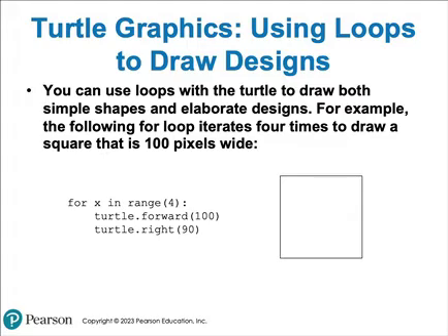Then relatively, we would use set heading to give an absolute direction, but here the right function is saying turn 90 degrees to the right, and then it will go forward 100, which is the line down on the right side. And when you do this, it will draw the 4 sides of a square. So it's something we can use, the Turtle Graphics commands, to calculate or specify movement within a loop.